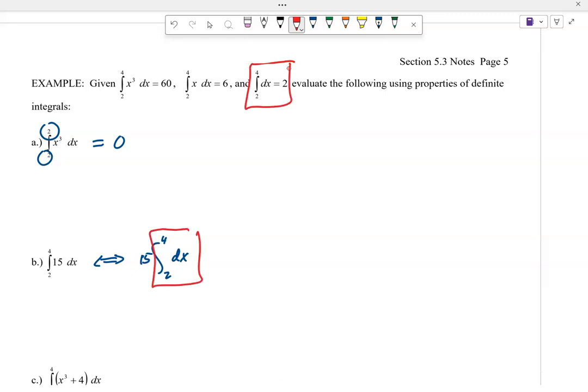So this ends up being 15 times the integral from 2 to 4 of 1 dx, which is just 2. If you want to put a 1 in there, you put a 1 in there. It's the same thing. Okay? So it's 15, and they're telling us that that value is 2. So this just ends up being 30.